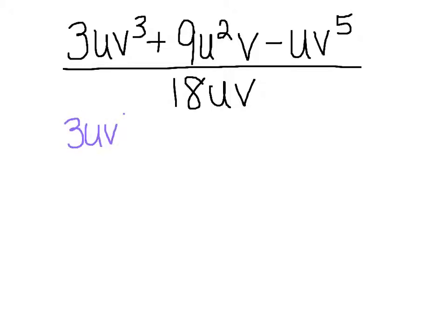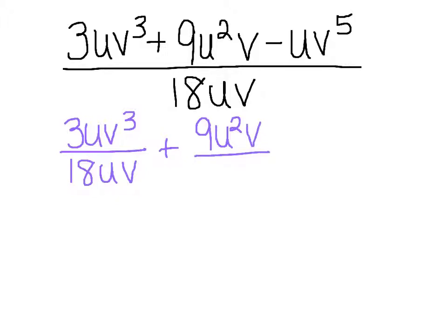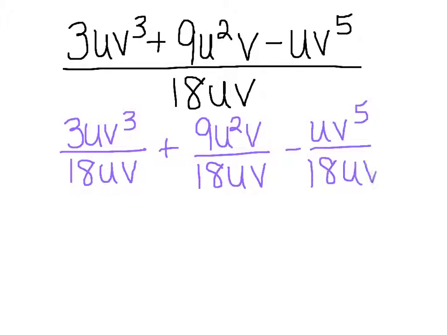3uv cubed over 18uv plus 9u squared v divided by 18uv minus uv to the 5th divided by 18uv. Now as we simplify this answer, 3 divided by 18. 3 does not go into 18 evenly. 18 does not go into 3.